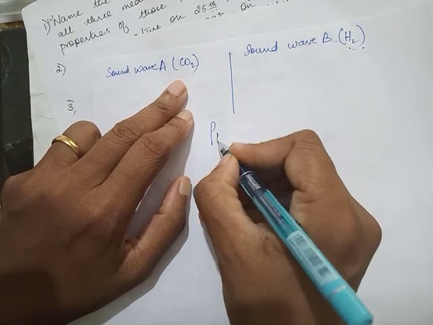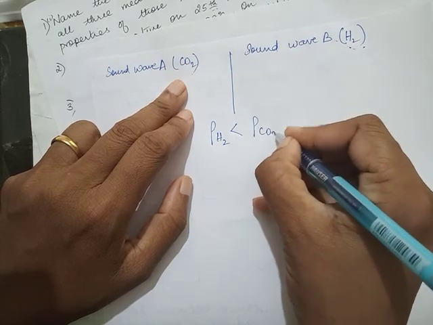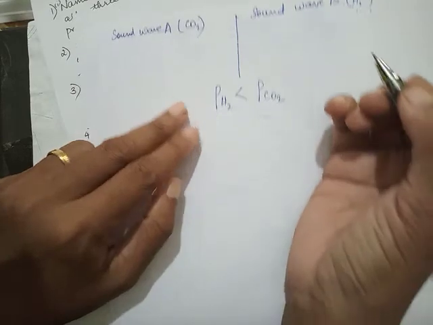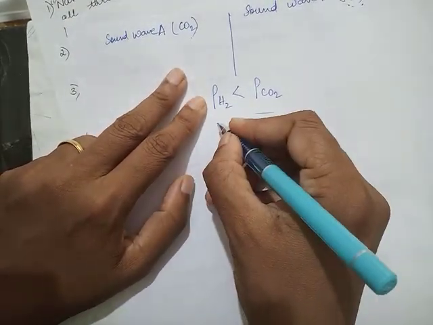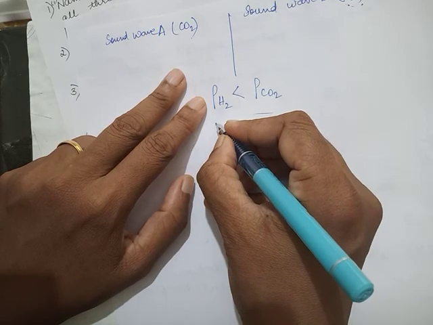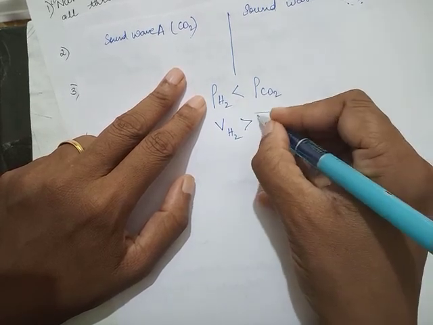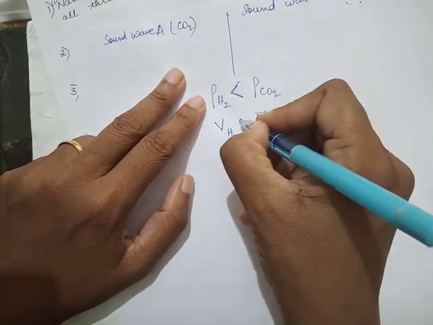So the density of hydrogen will always be less than the density of carbon dioxide. This is a known fact, basically from chemistry. Once you know their densities, you can say the speed of sound in hydrogen will be greater than the speed of sound in carbon dioxide.